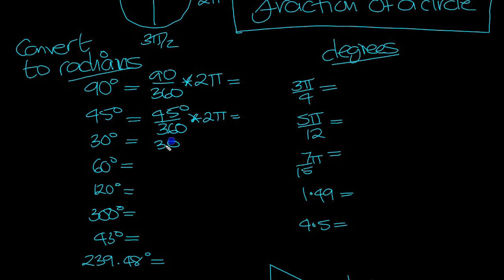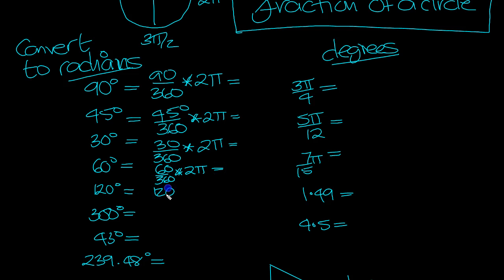And then 30 over 360, fraction of a circle, 2 pi. Here you've got 60, so it's 60 parts of 360. That's the fraction, isn't it? Of the circle, 2 pi.